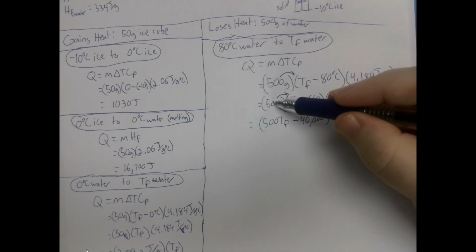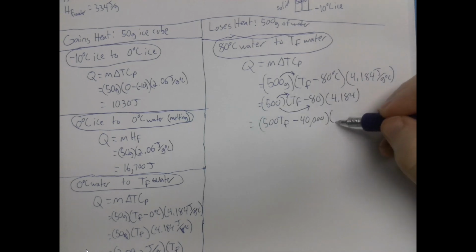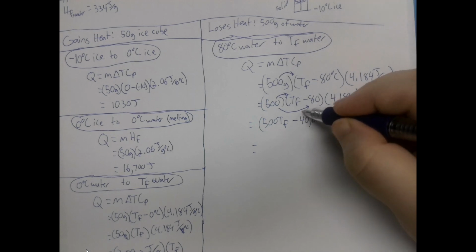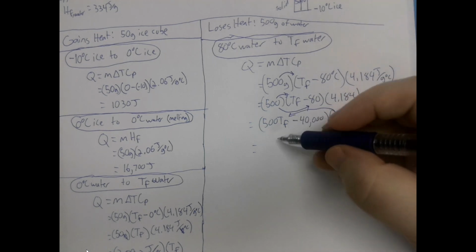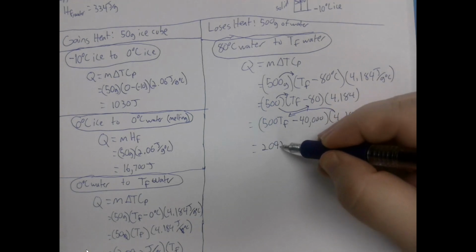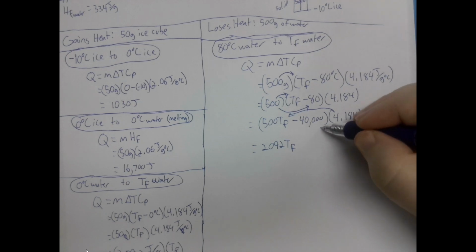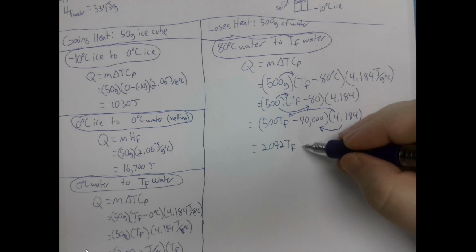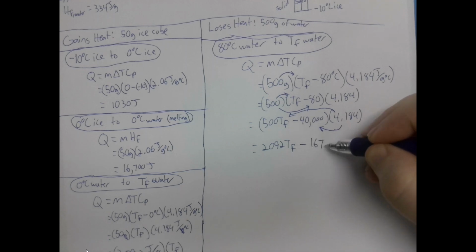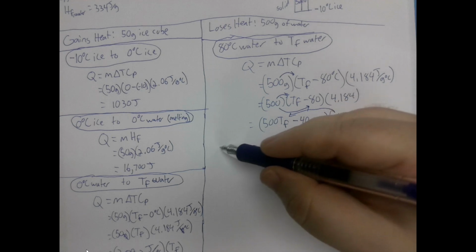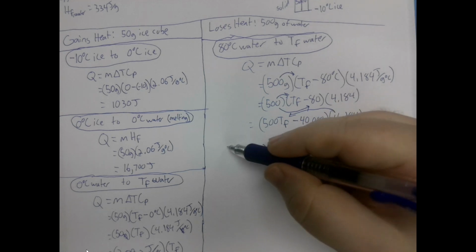So we simplify 500 times TF minus 80. We still have the 4.184 multiplied to it. And we FOIL this. 4.184 times 500 TF is 2,092 TF. And 4.184 times minus 40,000 is minus 167,360 joules. And this is going to be our Q loss side.